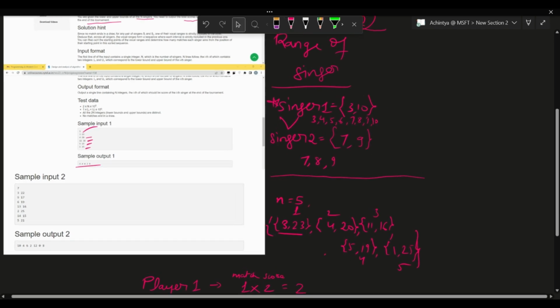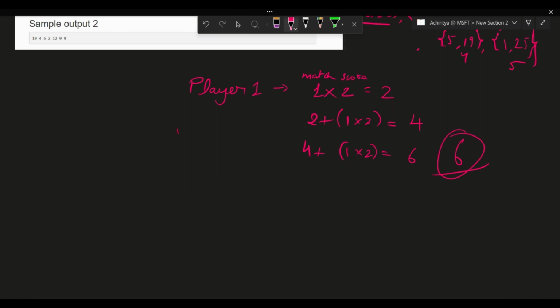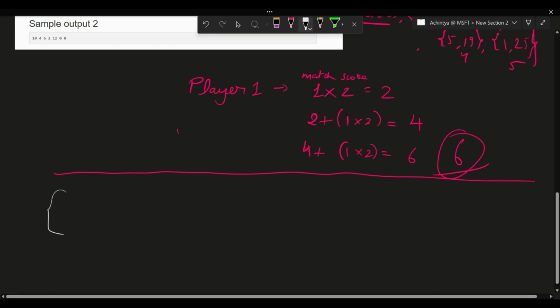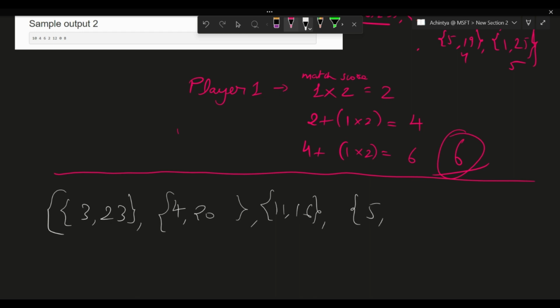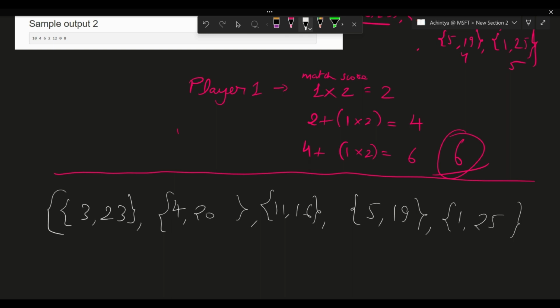Similarly, there is a second input also. So now let's try to come to the approach we can use here. First I will try to list out the scores here: 3 to 23, 4 to 20, 11 to 16, 5 to 19, and 1 to 25.